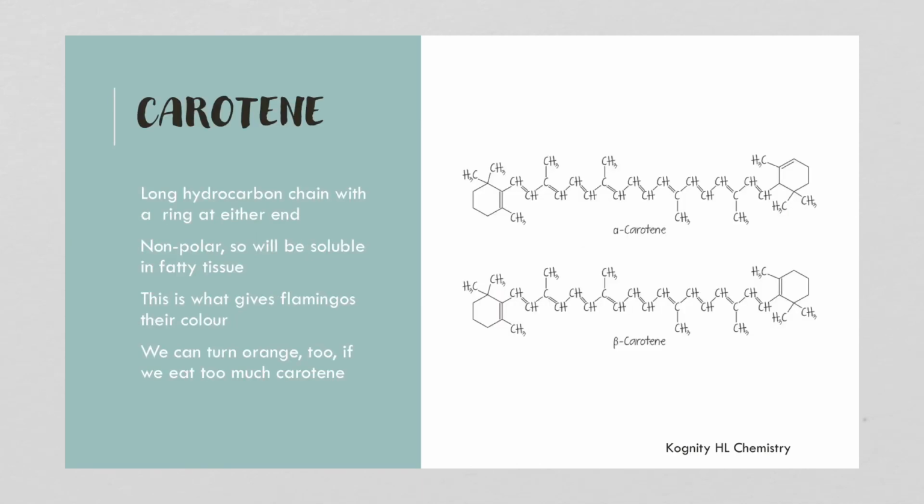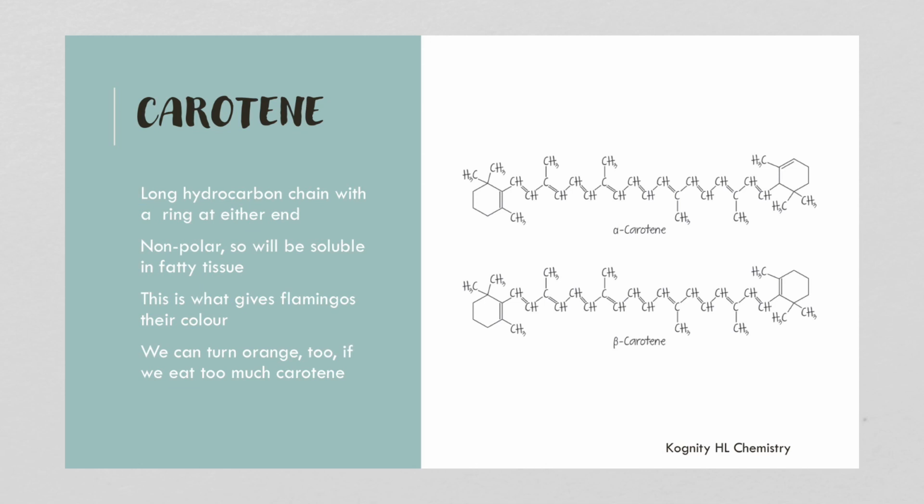So carotene is this molecule right here, and there's two different forms. There's alpha carotene and beta carotene. They're long hydrocarbon chains, as you can see here, and they have a ring at either end, and there's the beta form too. They're non-polar because of all these hydrocarbon units and no polar functional groups.